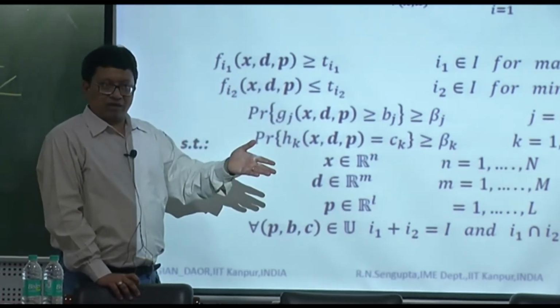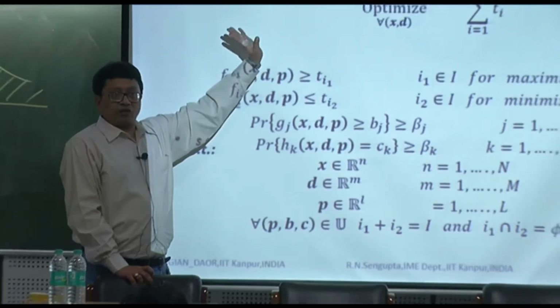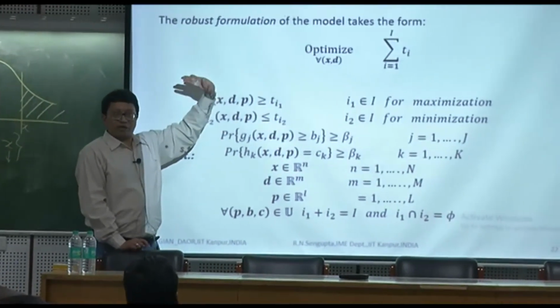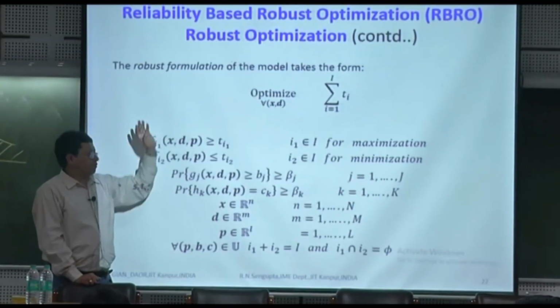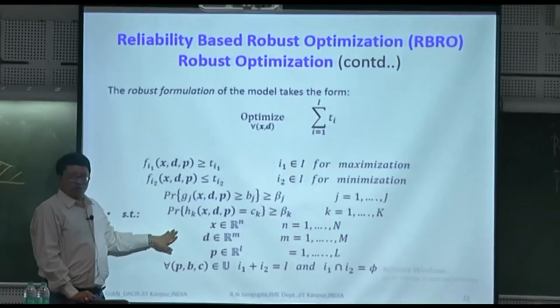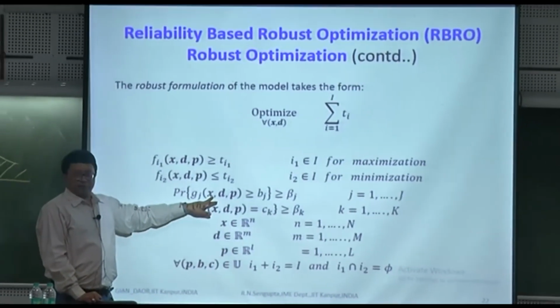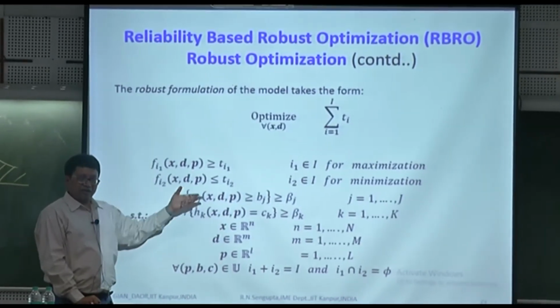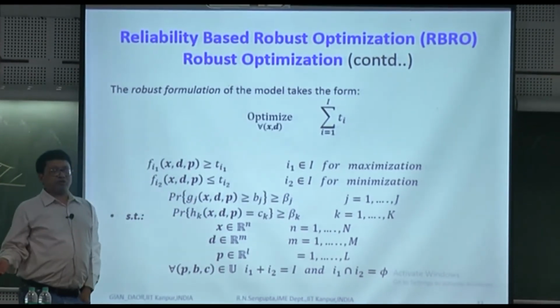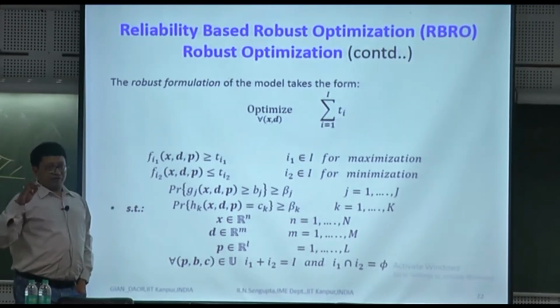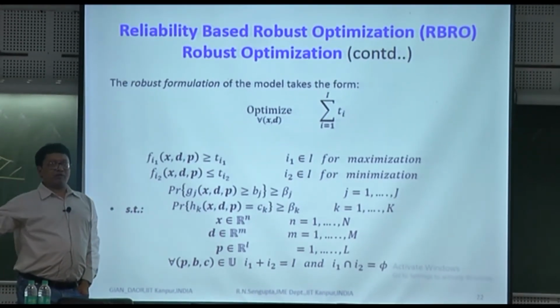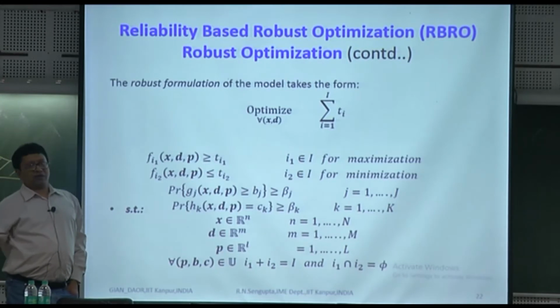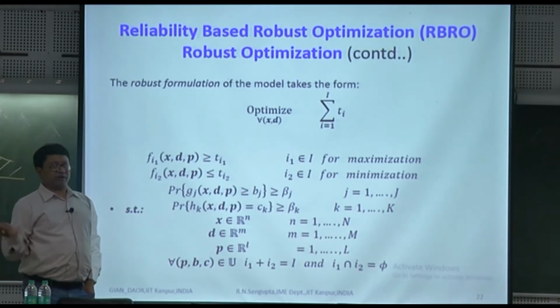When you start, some T1 and T2 would be taken depending on the reliability and robustness value you want to have, and these probabilities would not be there. They would be replaced by x MPP, p MPP. Start that, do the robust optimization on the reliability point, and obviously you will be converting from the X space to the U space and iterating till you reach optimality.